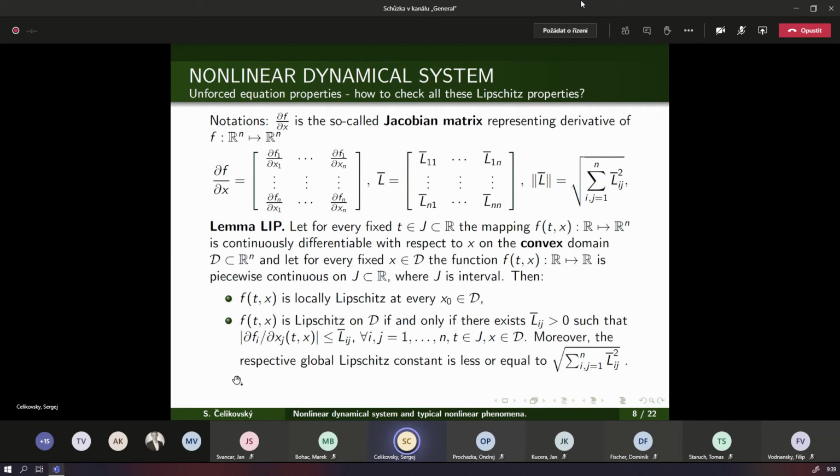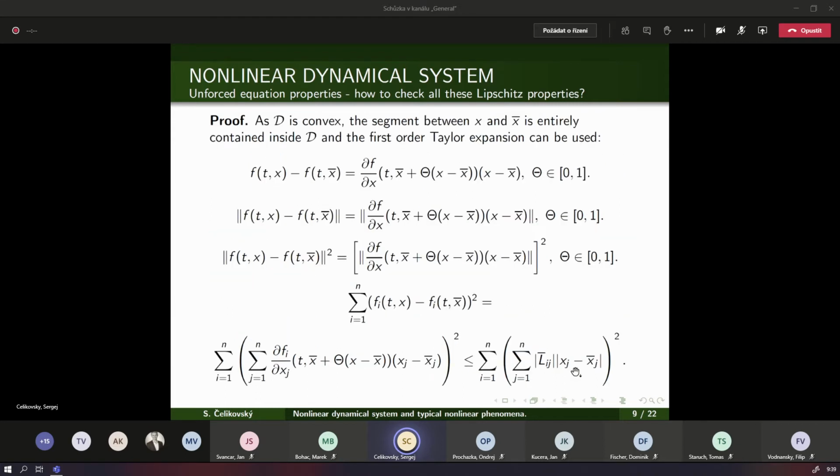Roughly speaking, if every partial derivative is bounded by some universally unique constant for all x and t, then we will have the Lipschitz property on D. And moreover, we can have some estimate of this global Lipschitz constant. So here I drafted some simple proof.